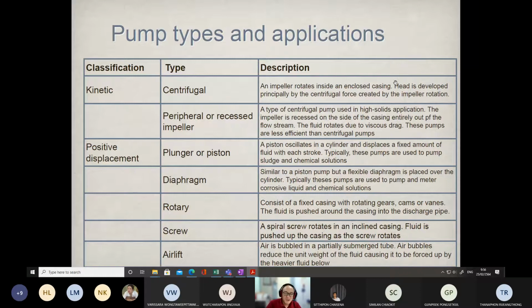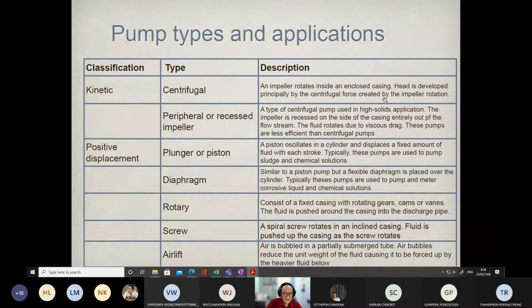But talking about pressure, it is the force acting on an area. So normally we define pressure in newtons per square meter. The magnitude of the force is expressed in newtons, acting on the area in square meters. So the unit is newtons per square meter.